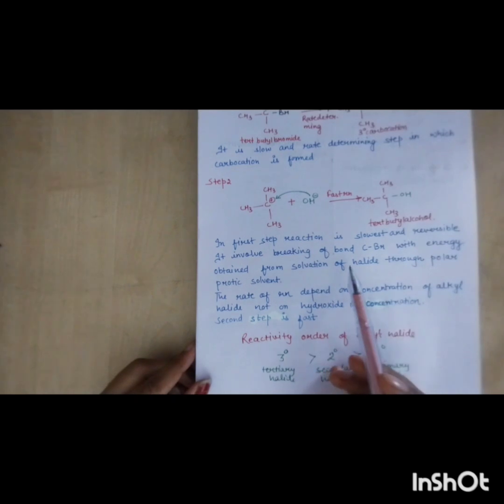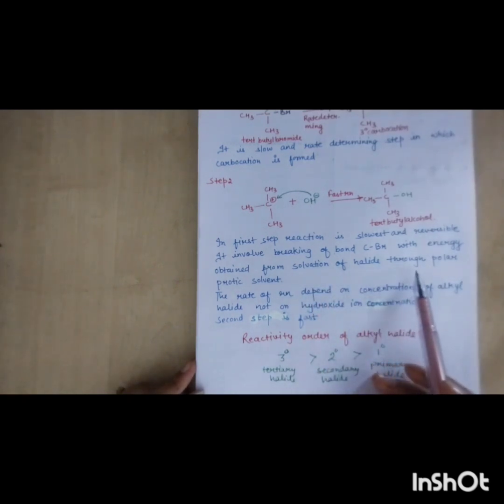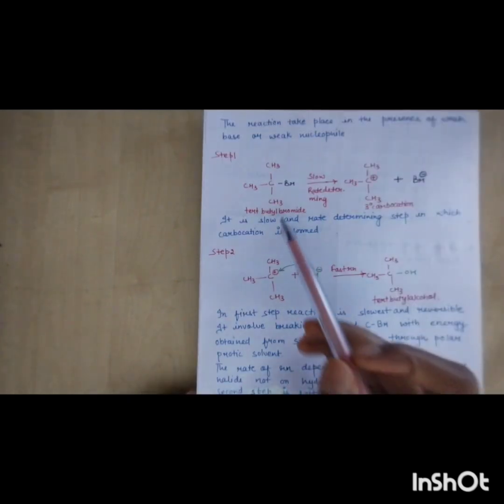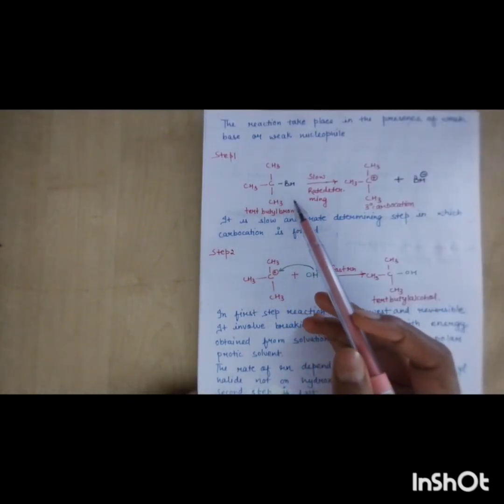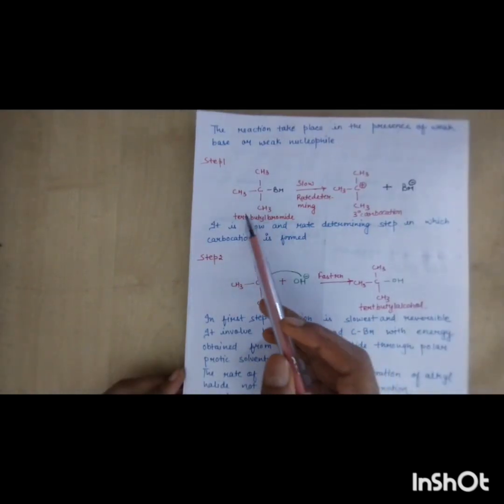It involves breaking of the carbon-bromine bond with energy obtained from solvation of the halide anion by a polar protic solvent. Here the carbon-bromide bond breaks in the presence of a polar protic solvent to form the carbocation, and the rate of reaction depends on the concentration of alkyl halide, not on the hydroxide concentration.